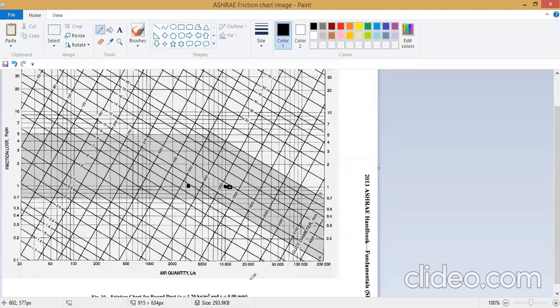So 700, I will take it as 700. E to A, it's 700 mm.